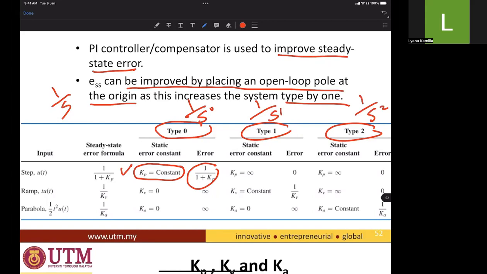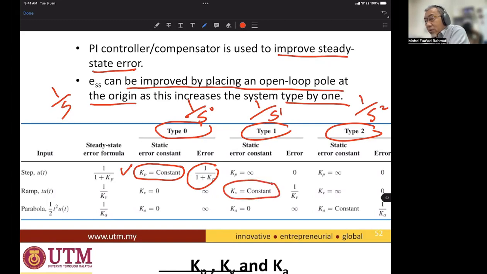If your system is type 1, like just now, the error constant is Kv, and the formula for error is 1 over Kv. But if your system is type 2, the related error constant is Ka, and the error is 1 over Ka.